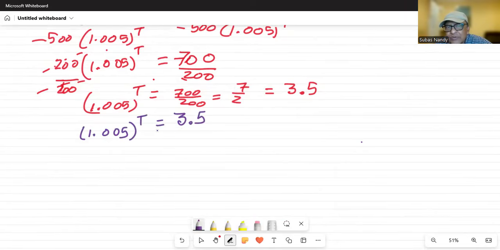Usually when we have an exponential equation, you solve it using logarithm. We will take the logarithm of both sides. Why do we do that? Because one rule of logarithm is if we have an exponent, like t on the left hand side, it will become a factor once we take the logarithm. Let's do that. So we have log.